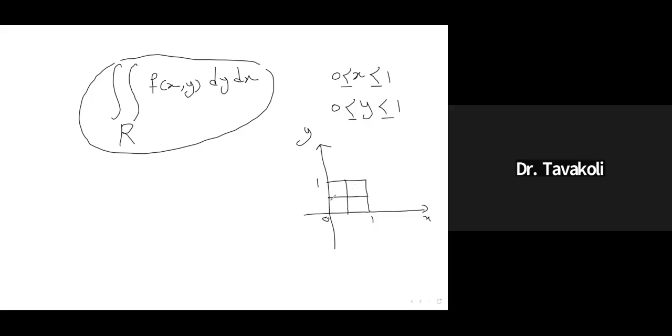So I have 4 small squares. From each of them, I pick one point. Eventually, at the limit, it doesn't matter which point we have chosen, but in the estimation, it does. For simplicity, let me choose the upper right corner of each square. For the first square, this point is (1/2, 1/2).